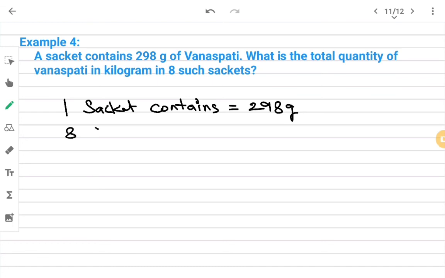Therefore, 8 packets contain 8 into 298, or 298 into 8.